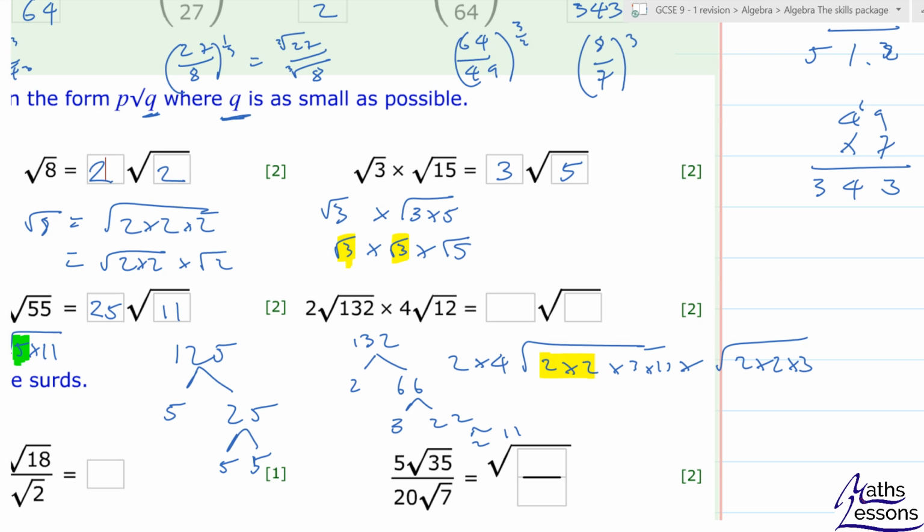One pair of 2's, another pair of 2's, and then we've got a 3, so that's another pair. You get 2 times 4 times 2 times 3 coming out. So 2 times 4 is 8, times another 2 is 16, times another 3, 3 times 16, we do times 10 is 30, 3 times 6 is 18, so 48. And the only number we've not got in there now is that 11 there.